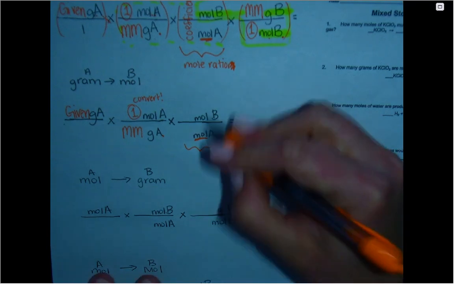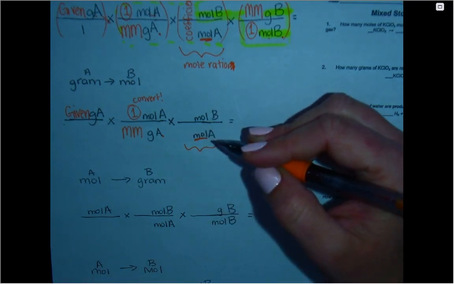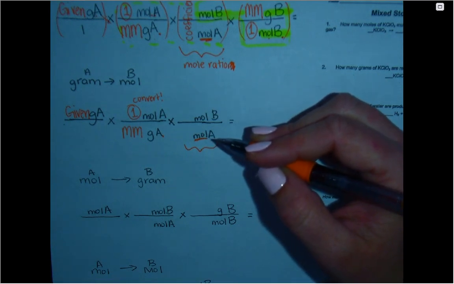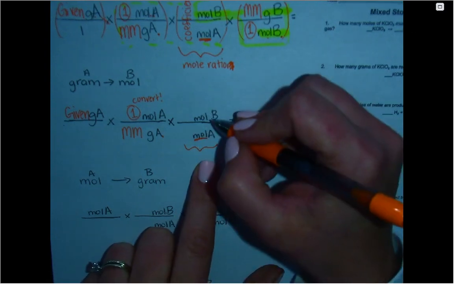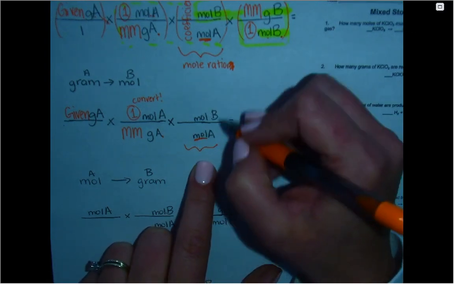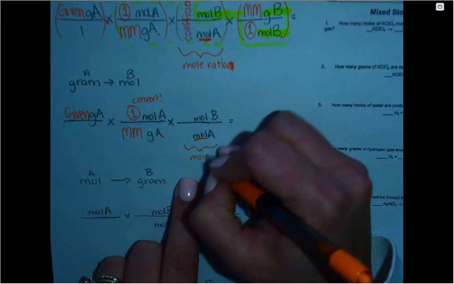Okay? You got to have a mole-to-mole ratio at one point, which on the assignment yesterday on Schoology, one of the questions was asking you to put in your mole ratio, just like that. And it kind of flip-flopped them, okay, to prepare your brains for that. All right, so you have your mole over mole, so moles of A to moles of B. We know that this is our mole ratio again.